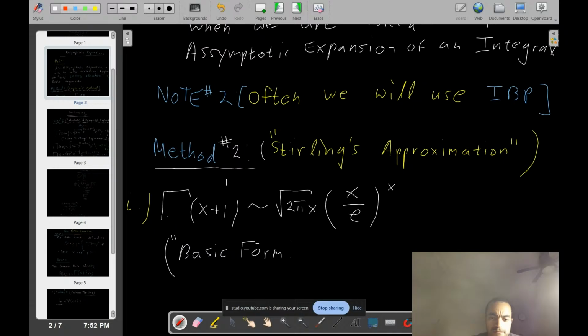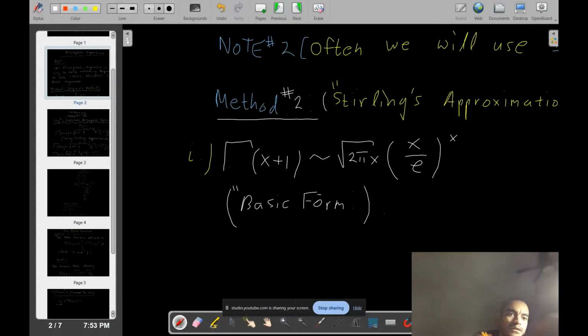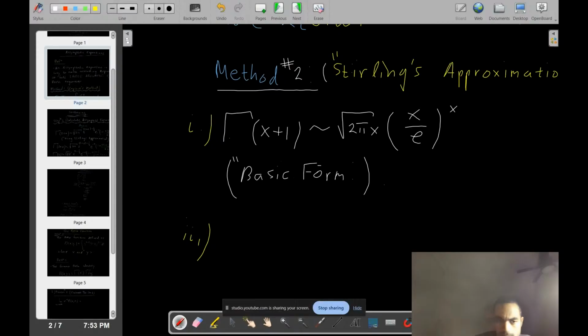So this is its basic form: gamma of x plus 1 is asymptotic to root 2 pi x times x over e to the x. Then we also have this other one.